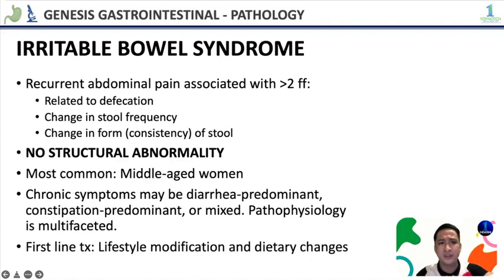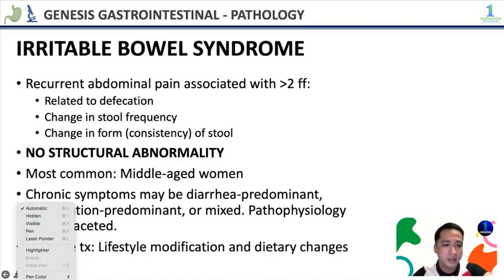Again, irritable bowel syndrome presents with recurrent abdominal pain that is related to defecation, change in stool frequency, change in form and consistency. And take note, there is no structural abnormality, that's the main differentiating factor. This is actually a diagnosis of exclusion.